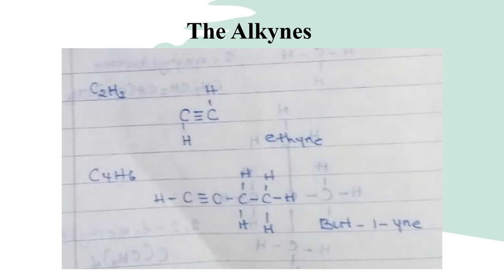We have ethyne, propyne, butyne, pentyne, and you can see from the structure a triple bond between carbon 1 and carbon 2. And we only have 2 hydrogens because only 4 bonds can hold 2 carbons together. Remember, only 4 bonds can hold 2 carbons together.